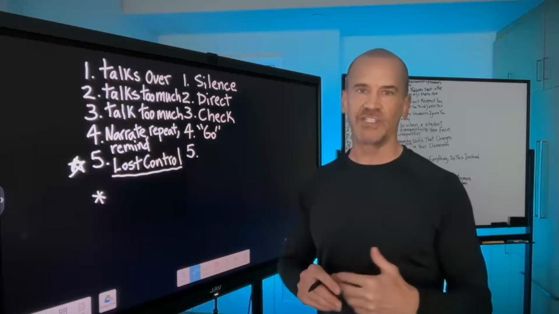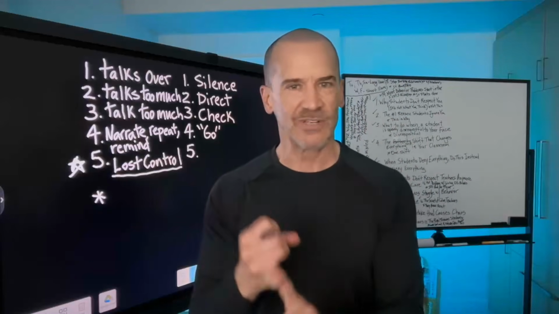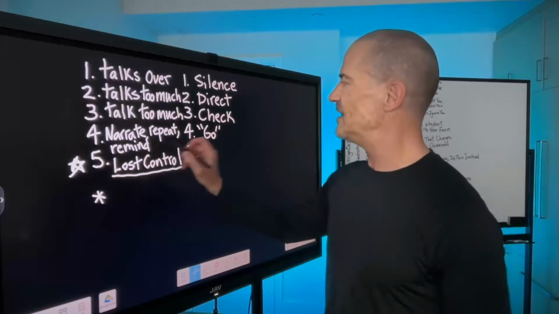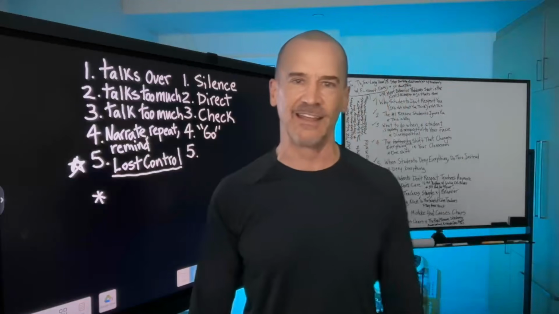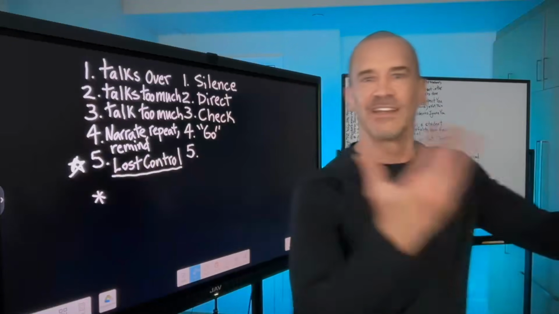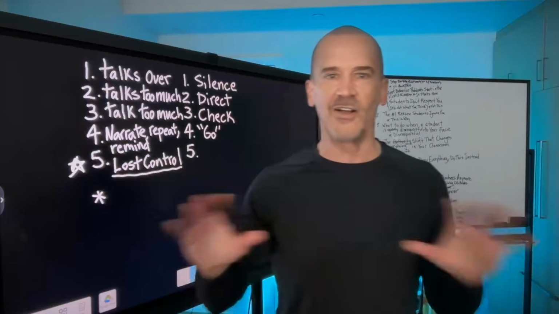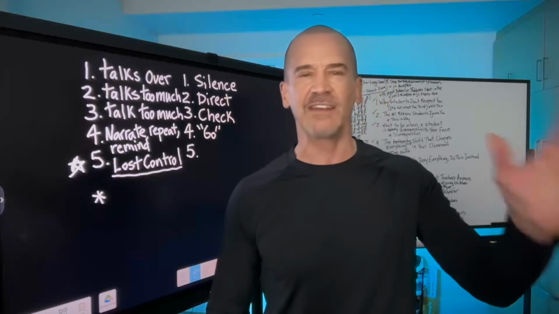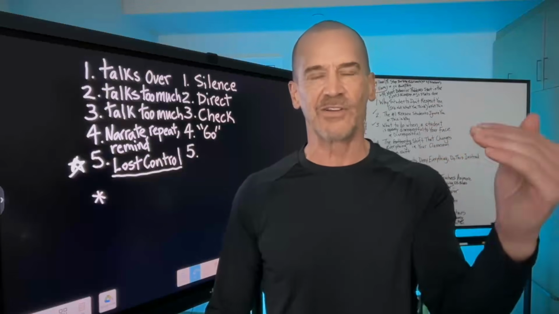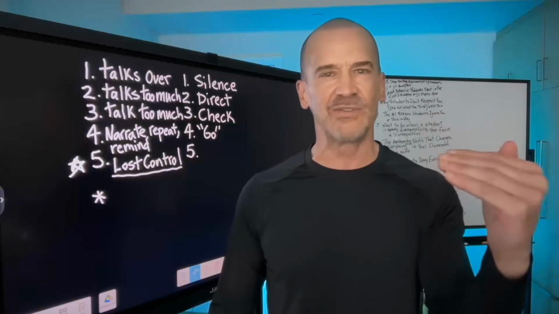After you've given the go signal, you don't talk at all. You say nothing. No narrating, no repeating, no reminding, no using your arms to show kids what to do. The more you do that, the more you weaken their listening and following your directions. The more likely they're going to ignore them.